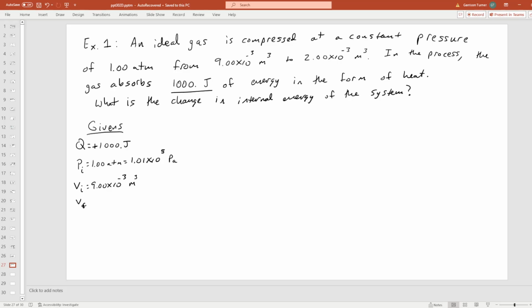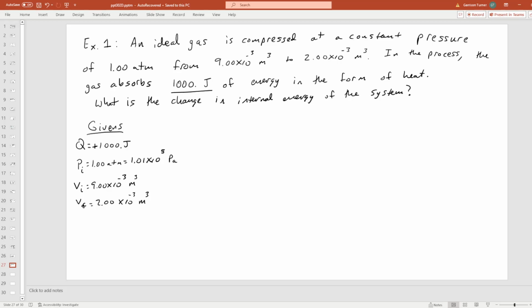And our final volume is 2 times 10 to the negative third cubic meters. And that's all we're given, right?